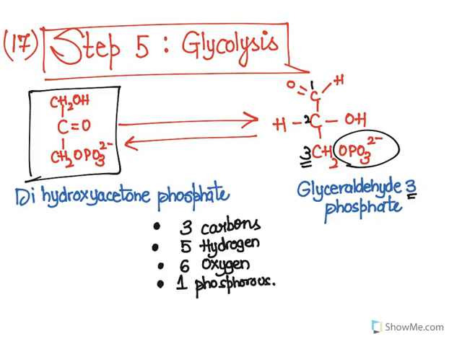Now, if you take a look at this, their chemical formula is not changing, just the structure is changing. So when this happens, both of these are isomers of each other. So remember, anytime we have isomers being formed, the enzyme that helps is isomerase. So hence, isomerase is the enzyme that is helping with this reaction.